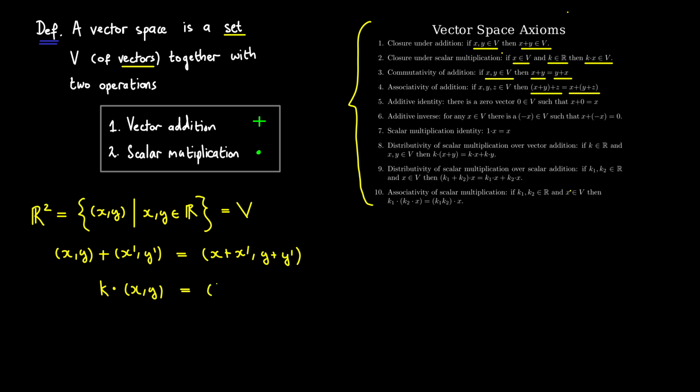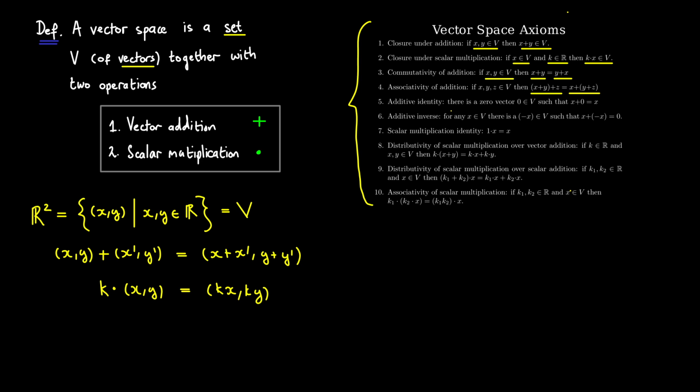The way that we do that is very naturally again. We just take k times x and then k times y. So this is Euclidean 2-space, or really the Cartesian plane. And it's very straightforward to see that all of these axioms are going to hold here.